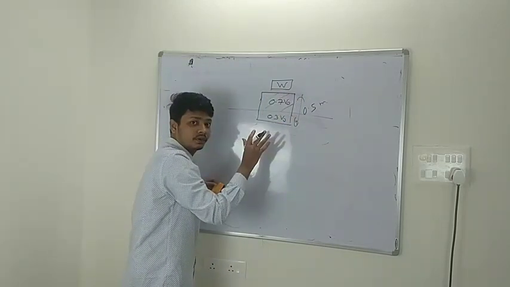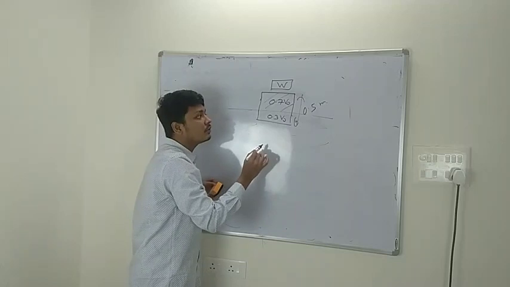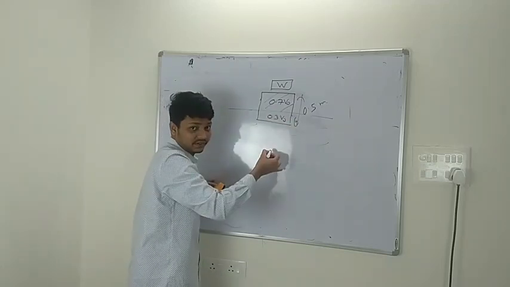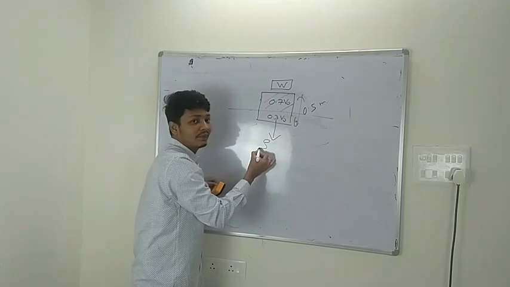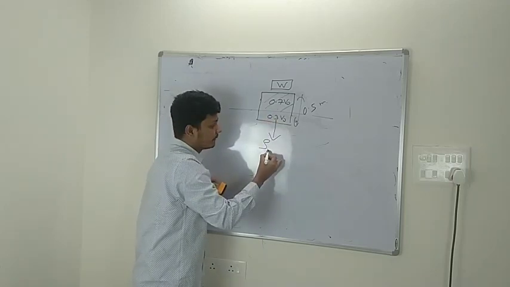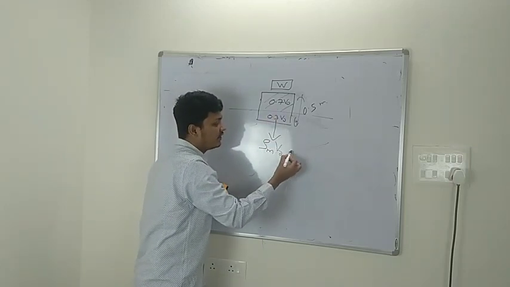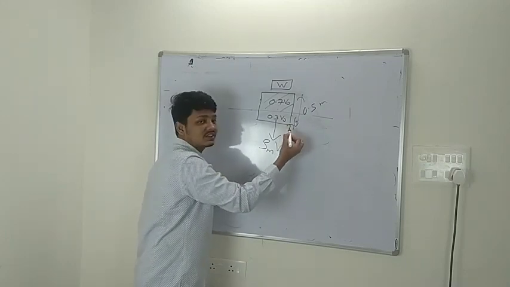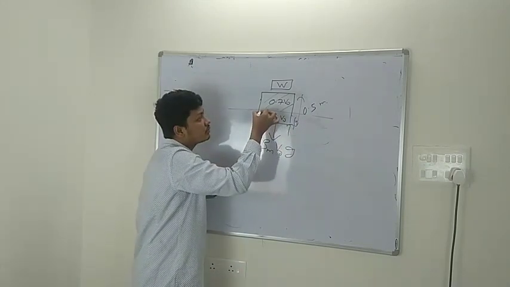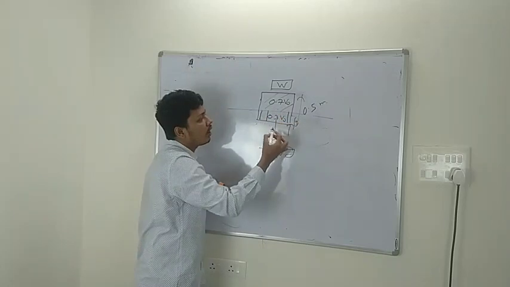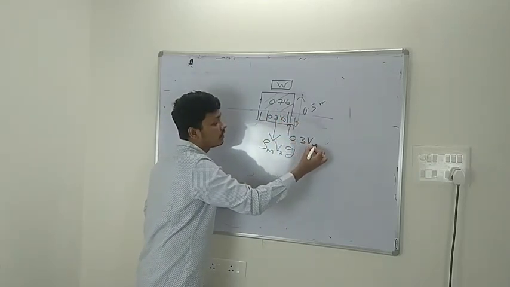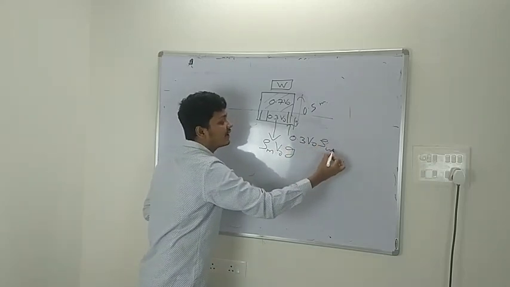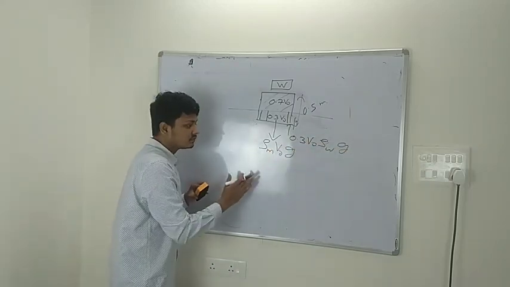For now, the buoyancy force is balancing the weight. And what is the weight? Density of this material times V naught times g. And what is the buoyancy force? Buoyancy force is due to only this much volume of water, that is 0.3 V naught times density of water times g.